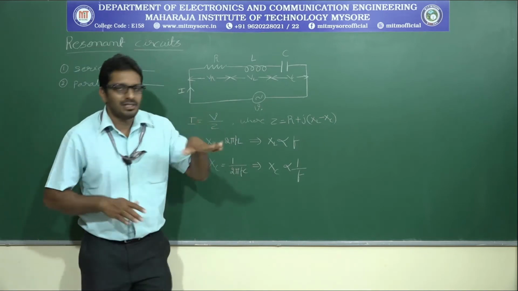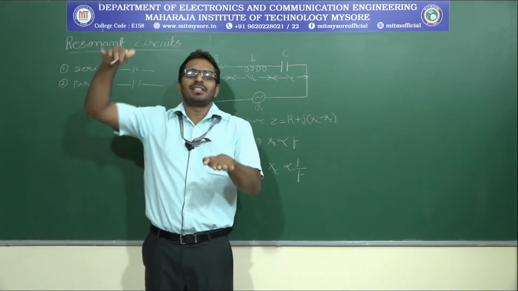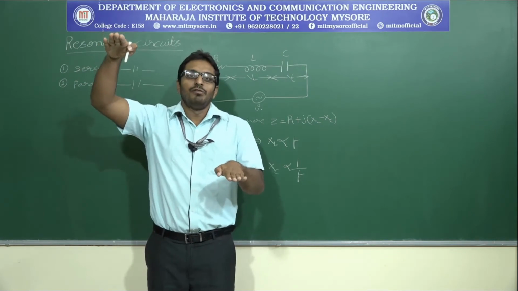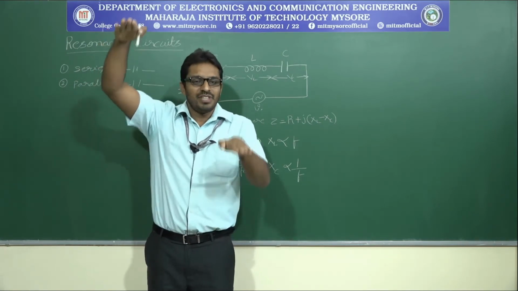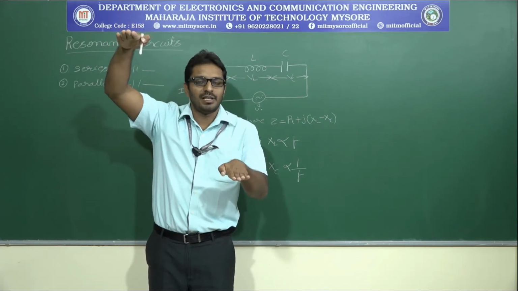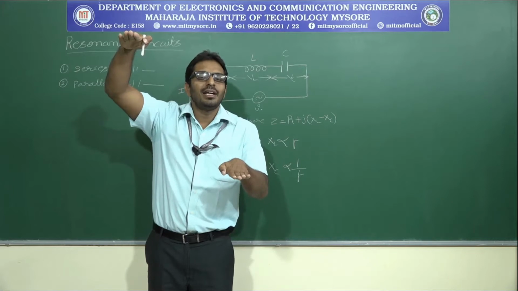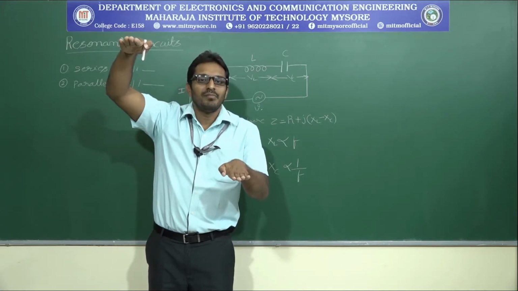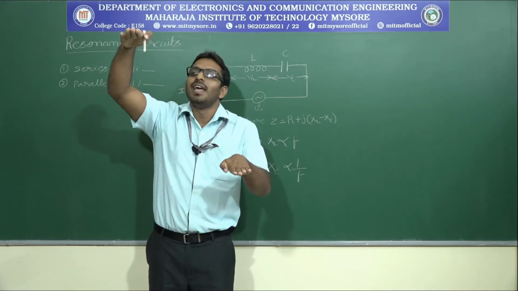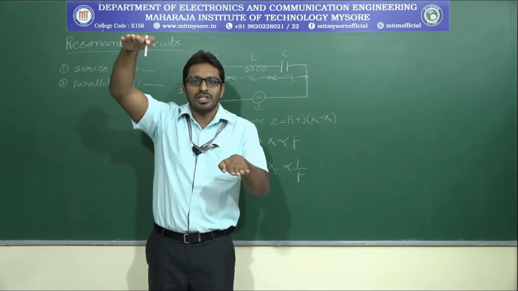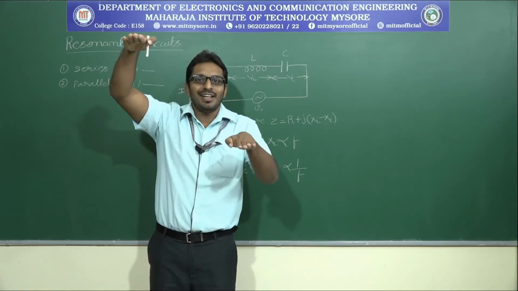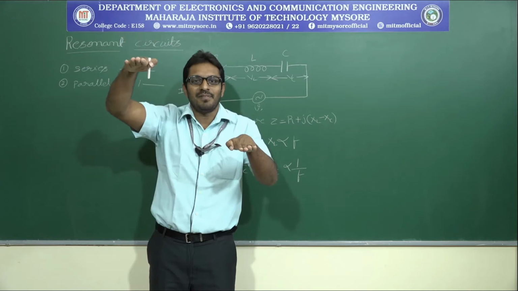For example, let me take XL and XC. Initially, when frequency is 50 Hertz, this is the XL value and this is the XC value. When frequency increases to 60 Hertz, because XL is directly proportional to frequency and XC is inversely proportional to frequency, XL increases and XC decreases.